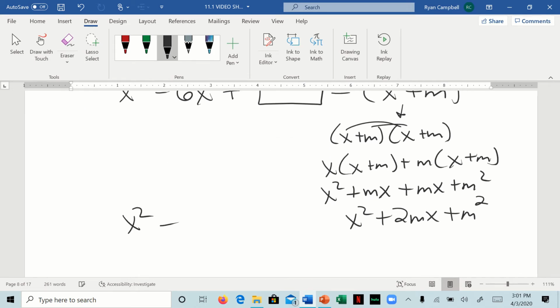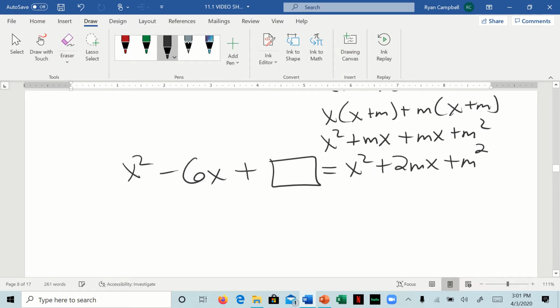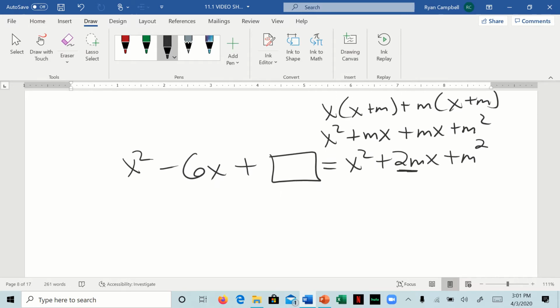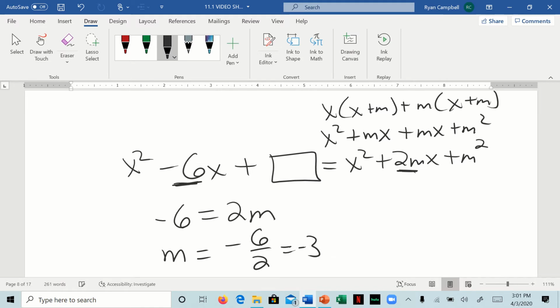So we see that this is going to equal x squared minus 6x plus whatever we need to add. So again, the middle numbers should equal each other, the thing in front of the x's should be equal. Negative 6 should equal 2m. So then m is going to be negative 6 over 2, which is negative 3.